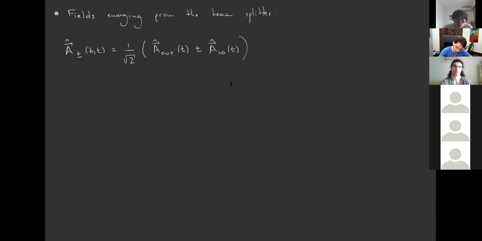Oops, the fields depend on time. So you just have part of each beam reflected, and part of each field transmitted, and then you get these two possibilities. Either they add up or they get subtracted. So in principle, this is what we have.